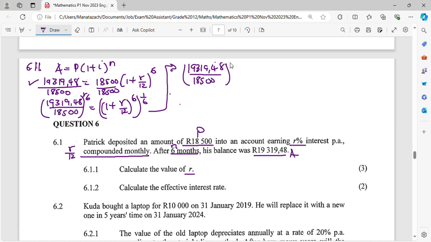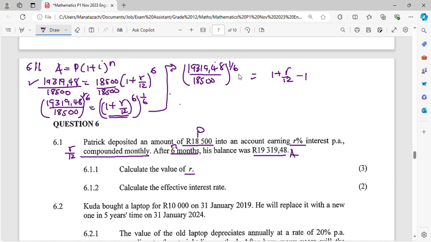The left hand side remains to the exponent of 1 over 6, and on the right hand side only this part will remain. The 6 and 1 over 6 cancel each other out, so you only have 1 plus R over 12.